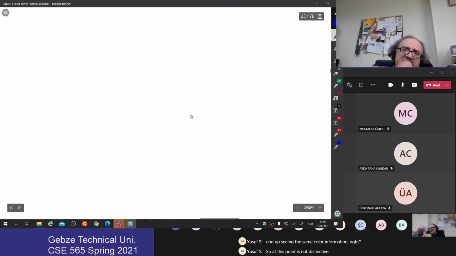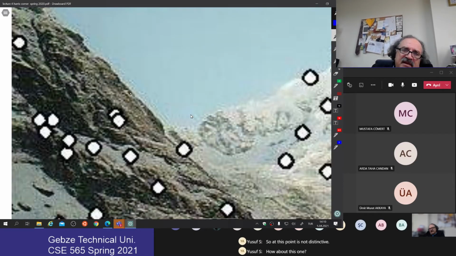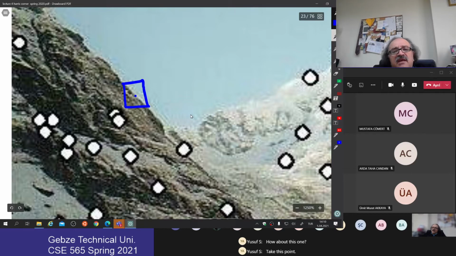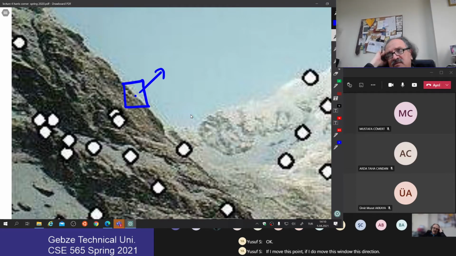How about this one? Take this point. If I move this window in this direction, would the result be the same or different? If I move it in that direction, is it distinctive or not distinctive?